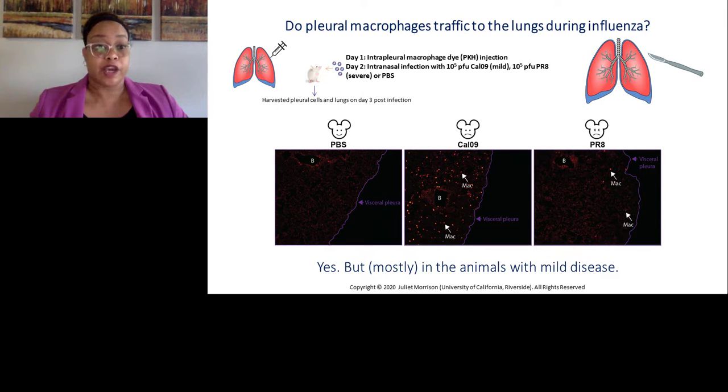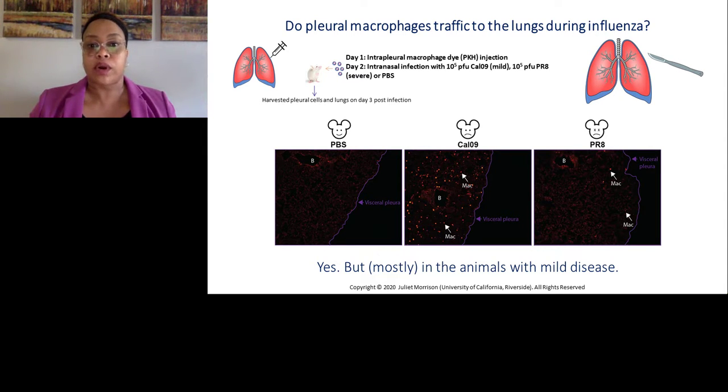Now, if we do that same injection of the pleural cavity with our PKH and then follow up with an intranasal infection with mild or severe flu strains or PBS, we find that after we remove the lungs and look at them under the microscope, we don't see any red cells in our PBS treated control mice, but we see a great deal of red cells, aka the pleural macrophages, in the lungs of our California 09 infected mice.